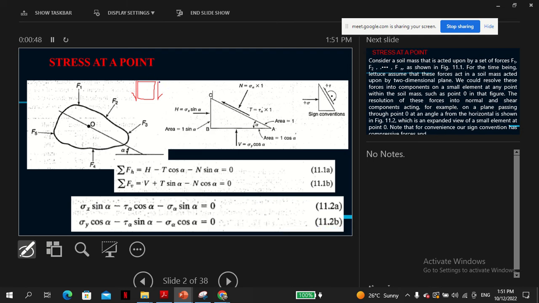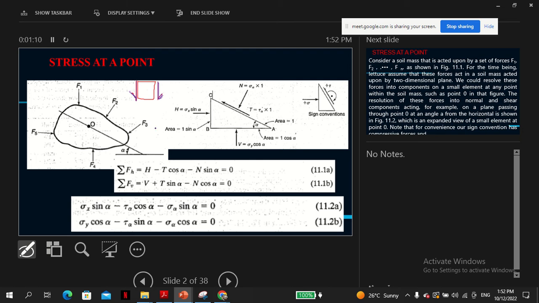So these ones are not shear stress. Let's call them normal stresses. Because of normal stresses, there have to be balancing stresses.